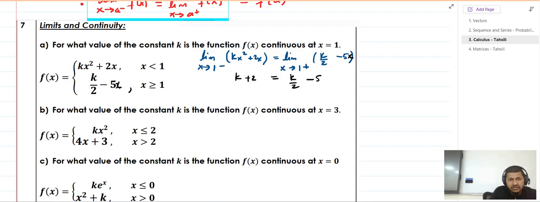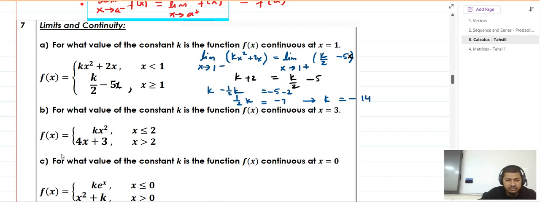Now we solve for k. Bring the k over 2 to the other side. Remember, k minus half k is equal to minus 5 minus 2. So k minus half k is half k, which is equal to negative 7. Now if I multiply both sides by 2, I will get k is equal to negative 14, and that's my answer.